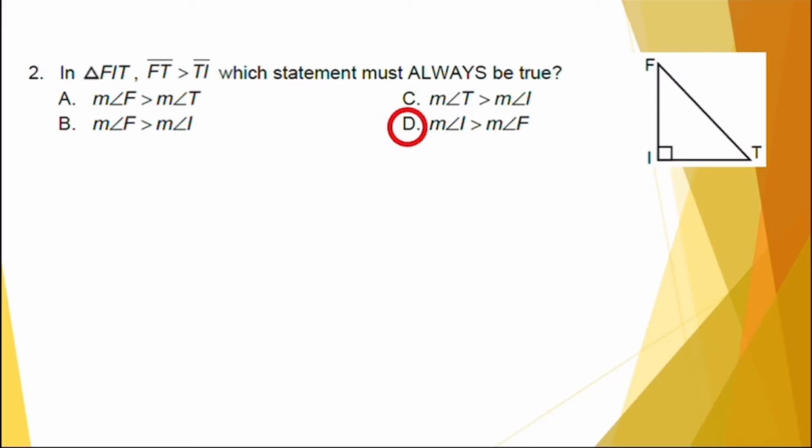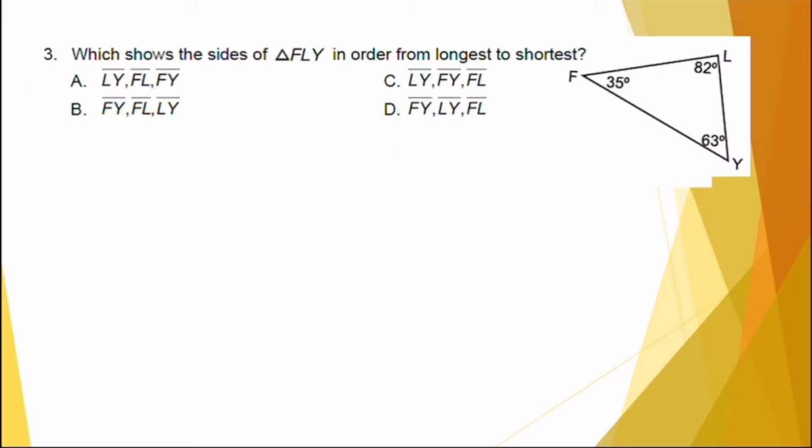Next, number 3. Which shows the sides of triangle FLY in order from longest to shortest? A. Line segment LY, line segment FL, and line segment FY. B. Line segment FY, line segment FL, and line segment LY. C. Line segment LY, line segment FY, and line segment FL.